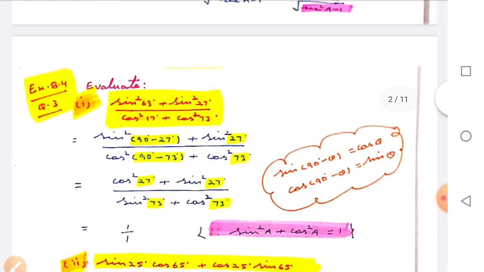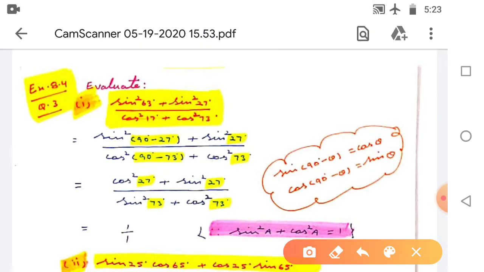Now come to question number 3 of exercise 8.4, that is evaluate sin square 63 plus sin square 27 upon cos square 17 plus cos square 73. Now look at a very important step. We have to see the degree value of this angle, that is 63.